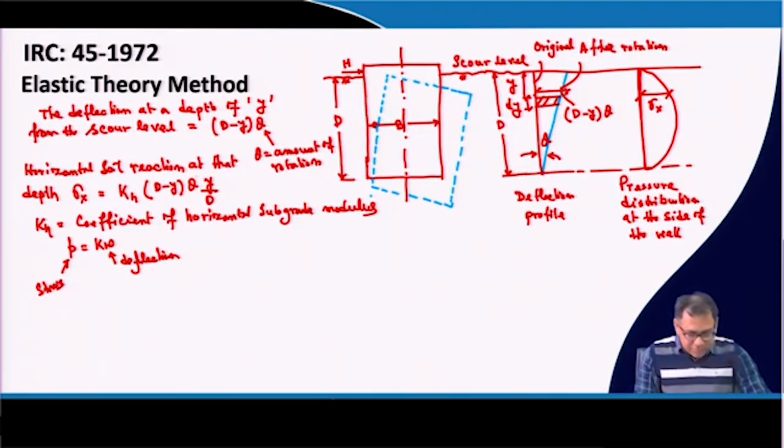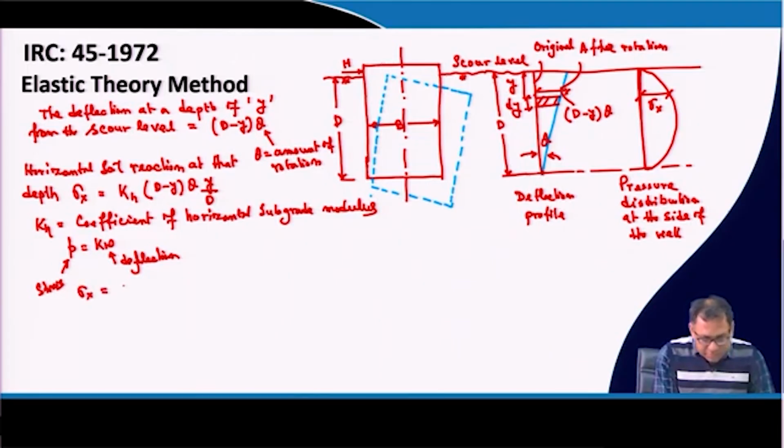Now, the next one: we can write that sigma x is equal to m kV divided by d, theta, then (d minus y) into y.